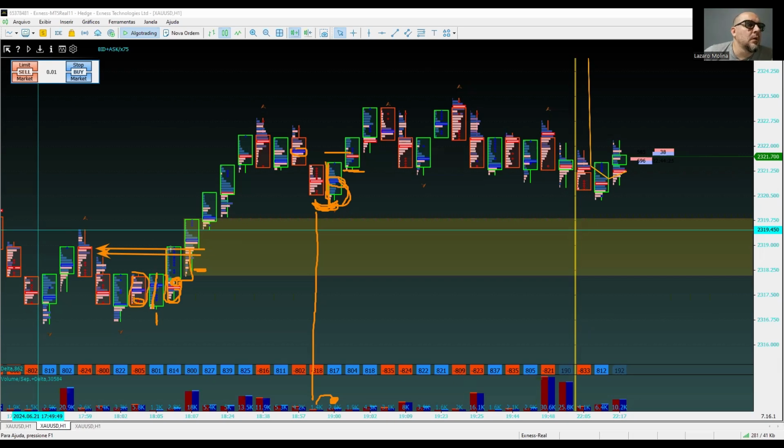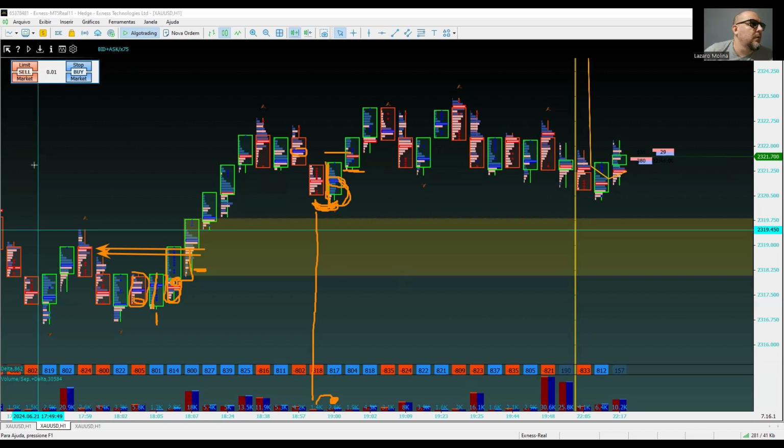Okay, so it's near to trade here, buying in this scenario. Okay, this is a fast explanation about how I make my buying trades here in the graphic of gold versus North American dollar, okay?